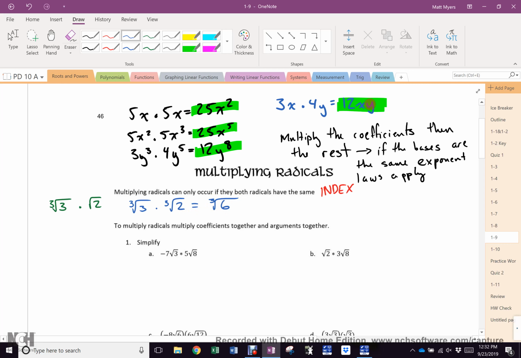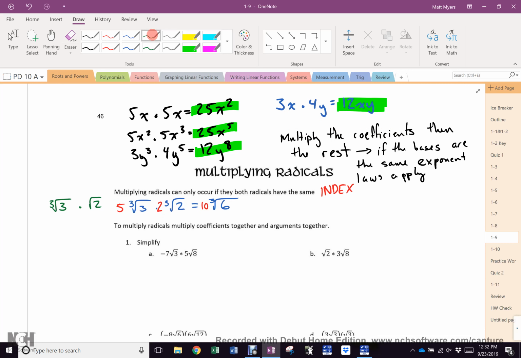Yeah. Now, what do you think would happen if the cubed root of 3 and the cubed root of 2 got coefficients in front of them? We would multiply the coefficients just like we did up here to get 10 cube root 6. Everybody good? Yes.